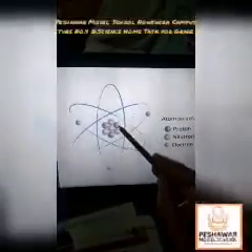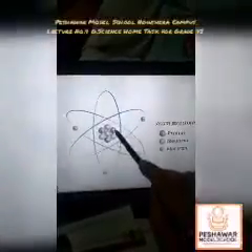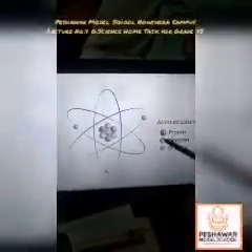It has three types of particles: electron, which has negative charge, and it revolves in the orbit around the nucleus. Then inside the nucleus there are two types of particles. One is called proton and another is called neutron. Protons are the particles which have positive charge, and neutrons are the particles which have no charge. So this is the structure of an atom.